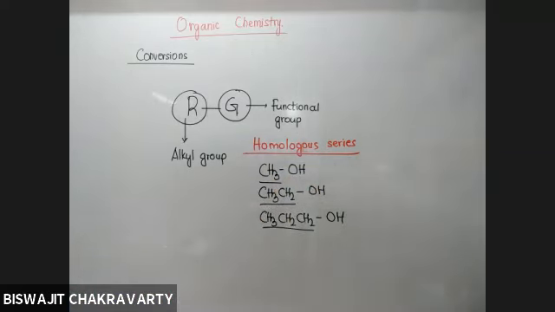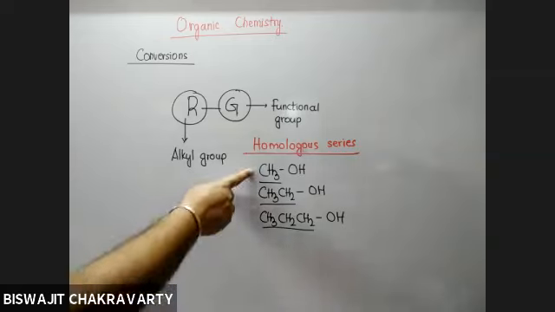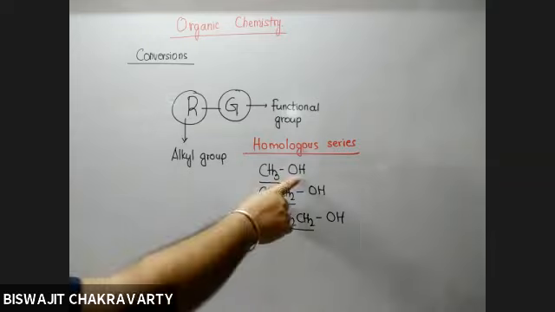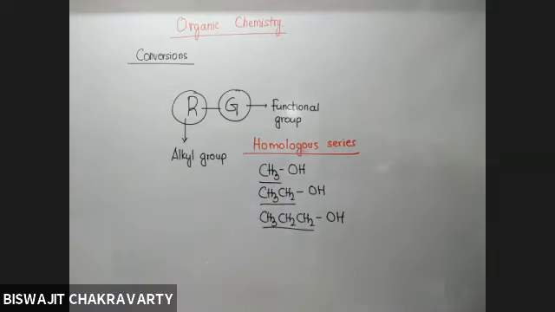So when we carry out conversions, the conversion can be of both types. We can change the functional group, or we can change the alkyl group. When you are carrying out chemical reactions, either you can increase the number of carbon atoms in the alkyl group, or I can change the functional group keeping the number of carbon atoms intact.